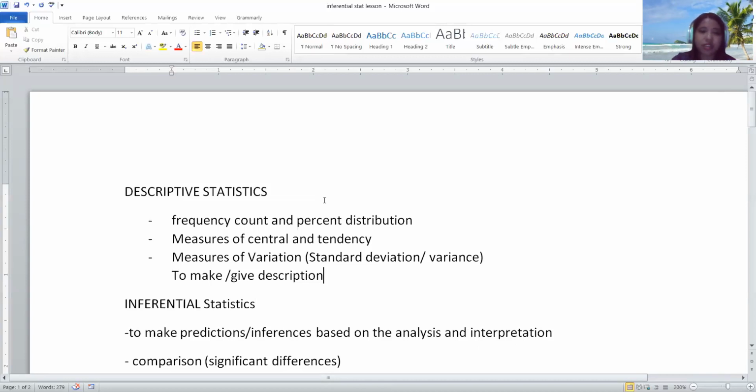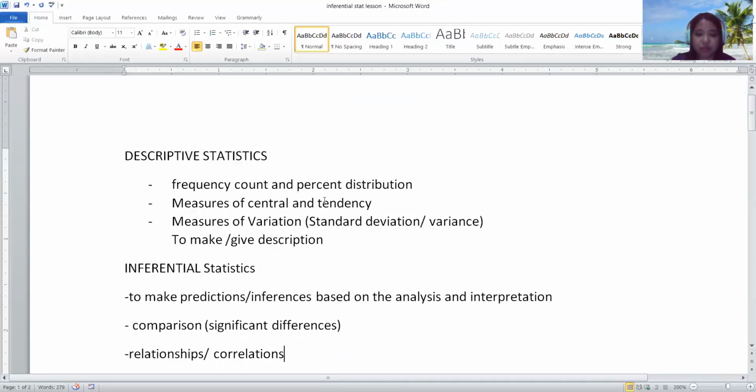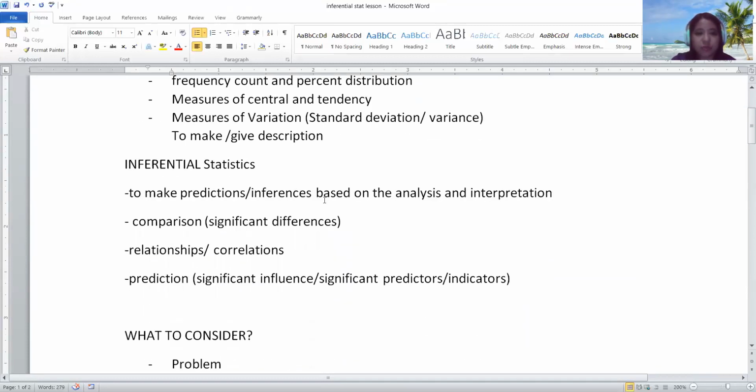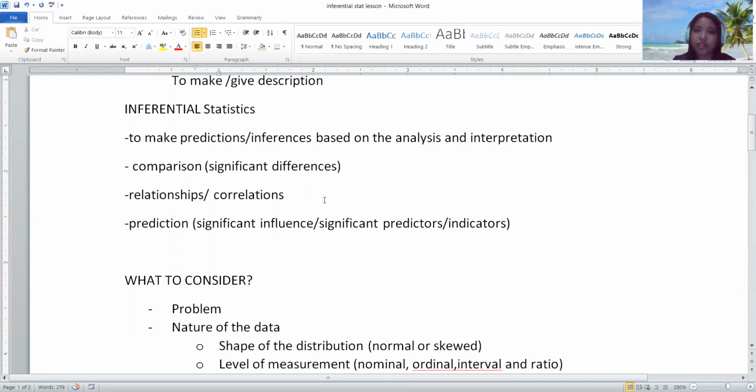And of course, just to review, the main objective of using descriptive statistics is to give description. Now, let us move to the inferential statistics. For inferential statistics, our main objective is to make predictions or inferences based on the analysis and interpretation.